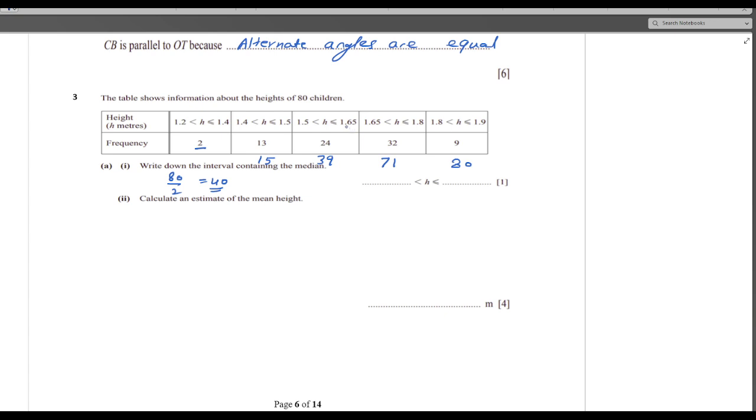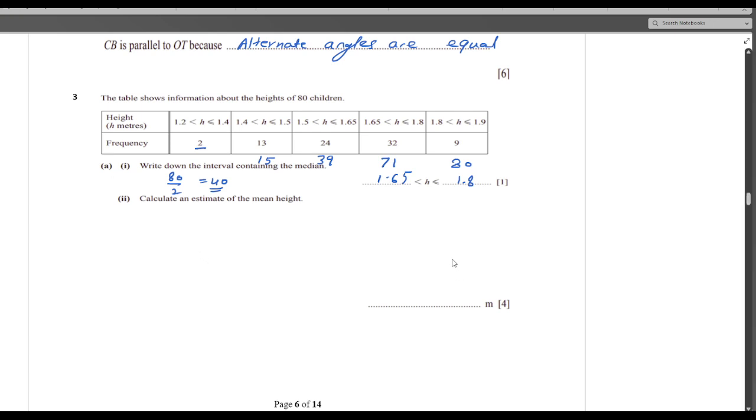The 40th child, if I arrange them according to their height, will have height greater than 1.65 and less than 1.8. So your median height interval will be 1.65 to 1.8.